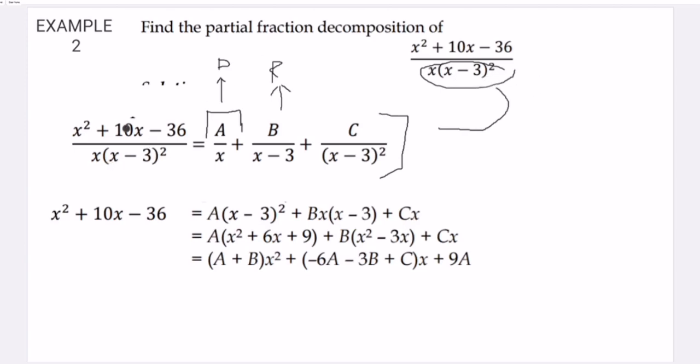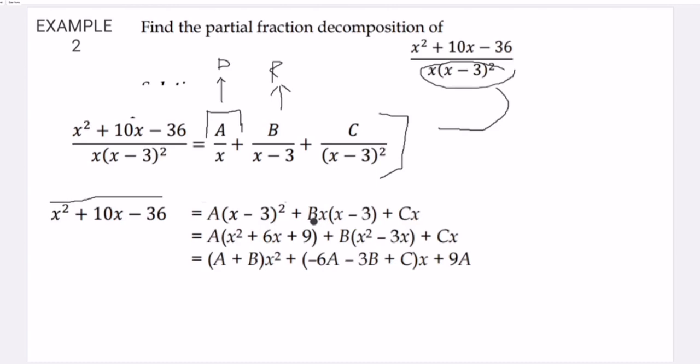If you multiply this on the left side, the only terms that will remain are x squared plus 10x minus 36. Next, we multiply for the first term of the right side, A over x. The x will be cancelled out, and the x minus 3 squared will remain.